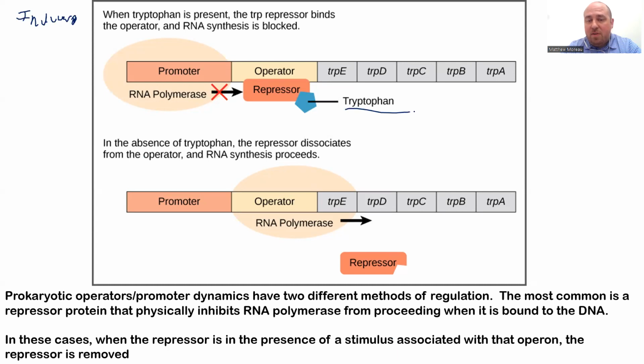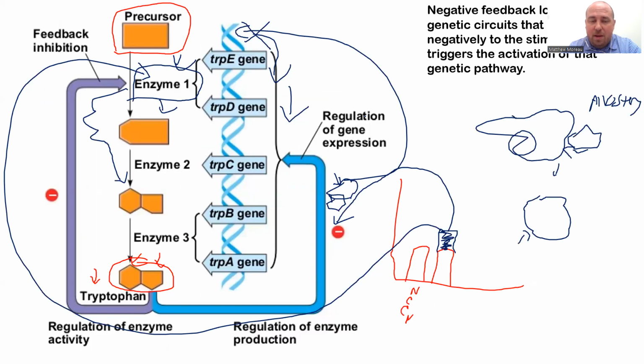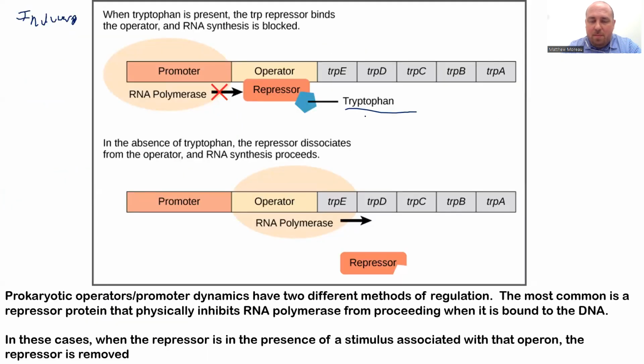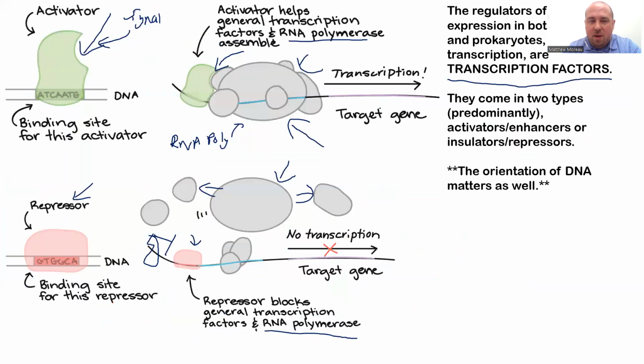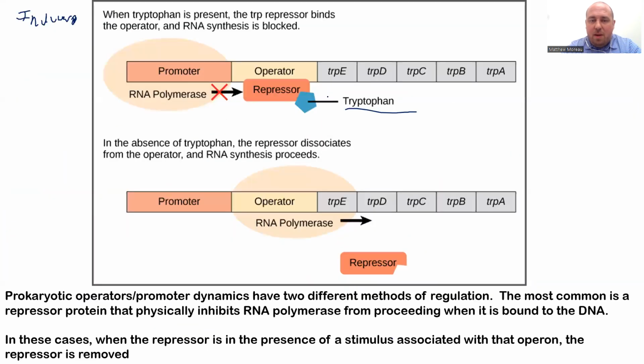such as tryptophan. So here's an example of that pathway I showed you. The left side of this pathway is the regulation of gene expression. Tryptophan can bind a repressor. That repressor binds to the operator.